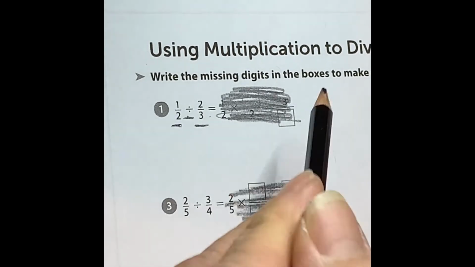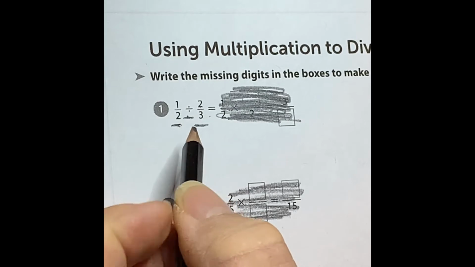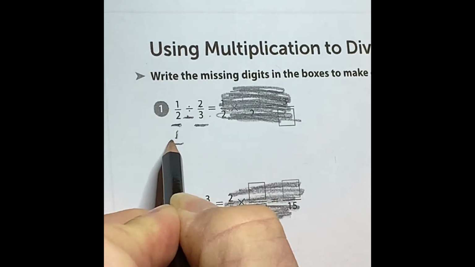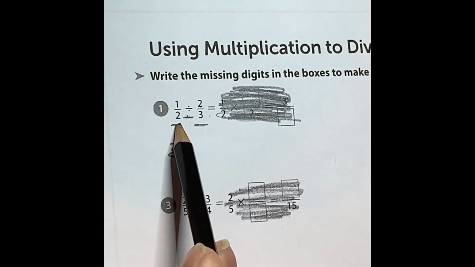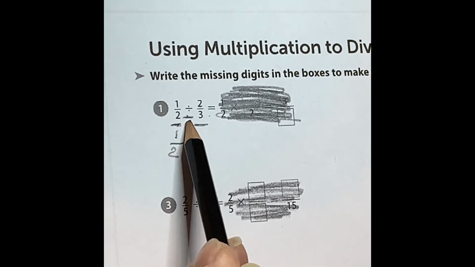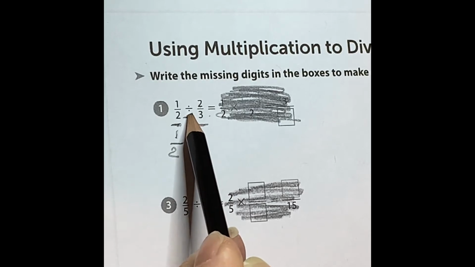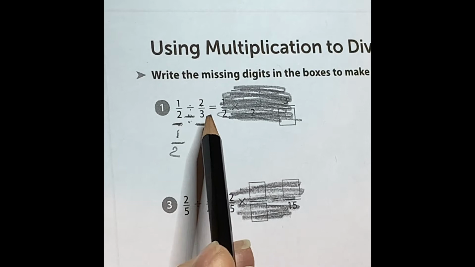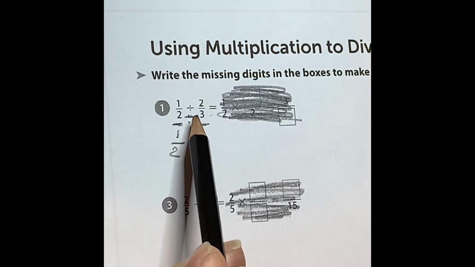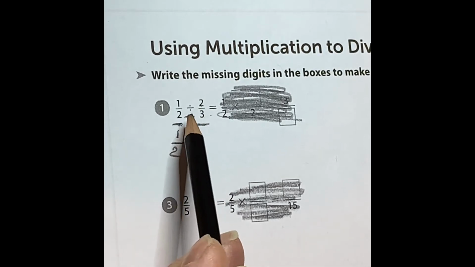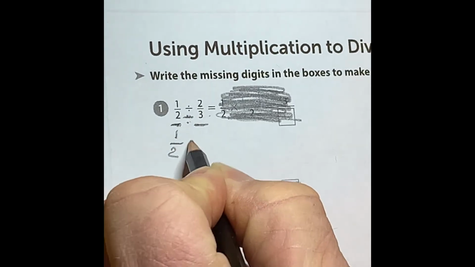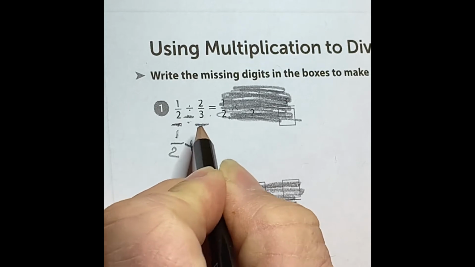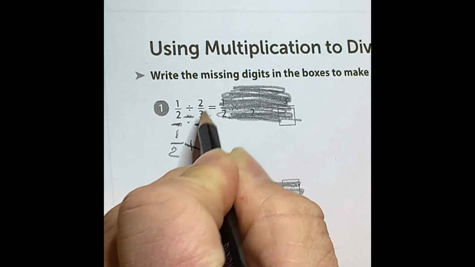Okay, let's take a look. 1/2, we're going to keep it. We're going to have 1/2. Remember, keep, change. We're going to change the division to a multiplication. And we're going to flip the second fraction.